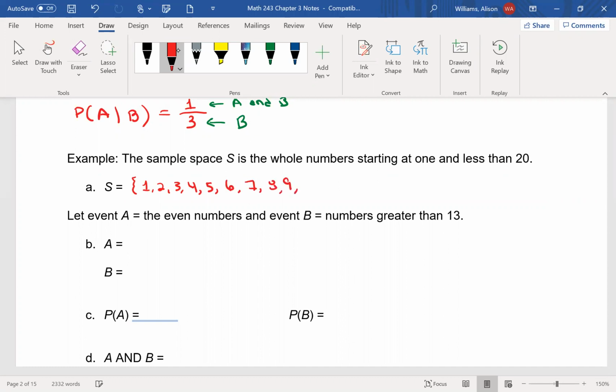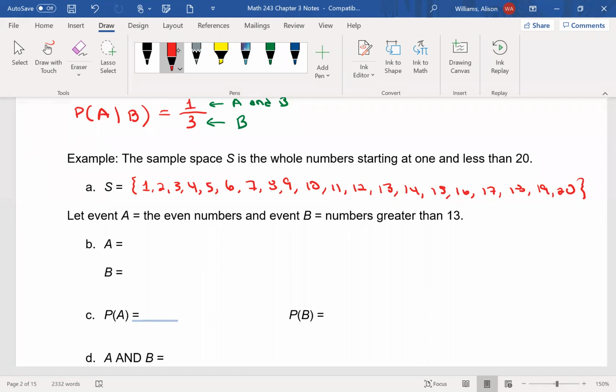And I know you're like, hey, that takes a while. And I agree, it does. But I'm going to follow the directions and I always want to get my points. So I'm going to list them all out. We typically use these little squiggly brackets, by the way, whenever we're listing out all the outcomes like this. So it is proper notation to use those squiggly brackets.